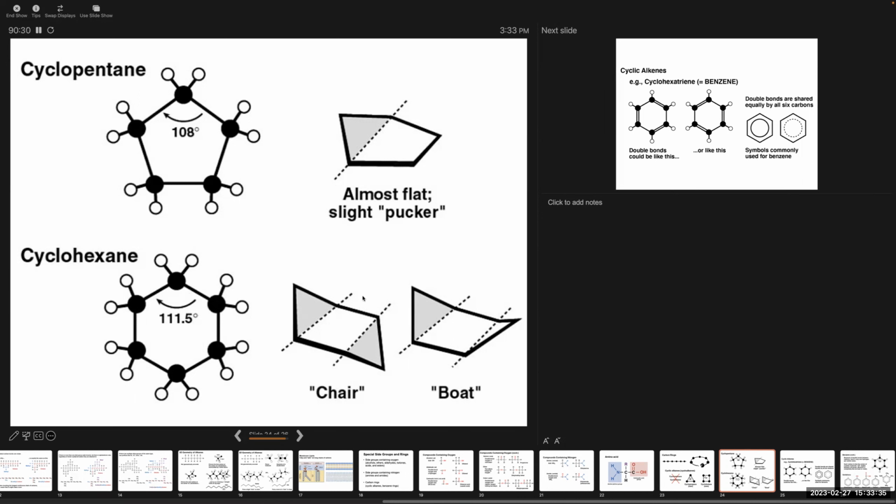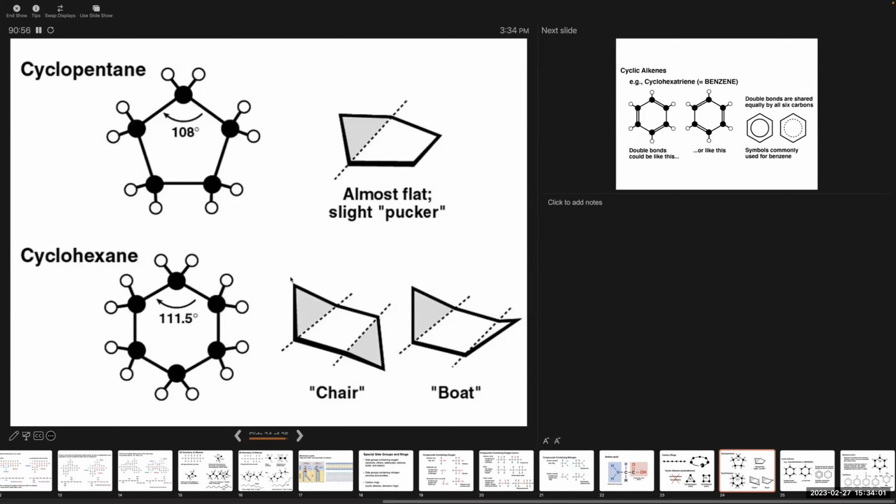And cyclohexane can take on 2 different configurations. There's what's known as the chair configuration or the boat configuration. And I don't know how well you can tell what's going on from these drawings, but in a chair configuration, imagine that the white part in the middle are 4 carbon atoms that are all lying in the same flat plane, kind of like the seat of a chair.